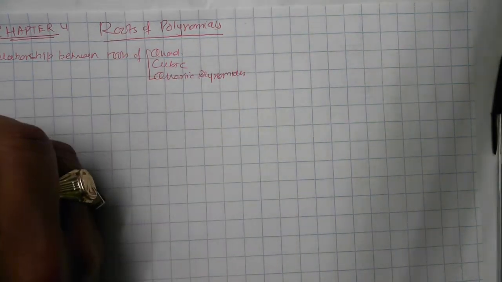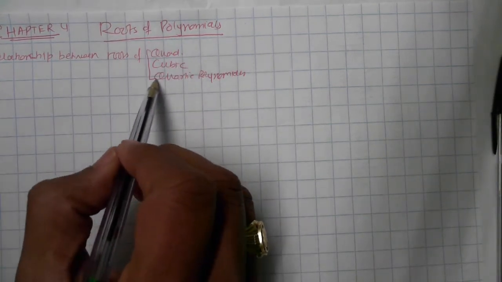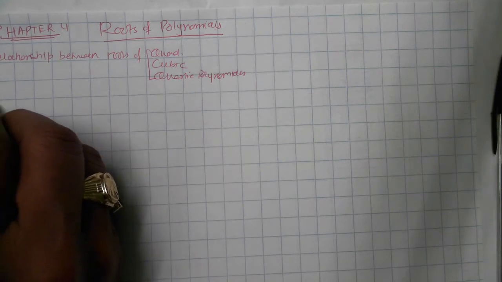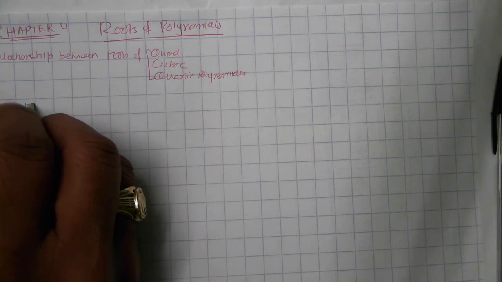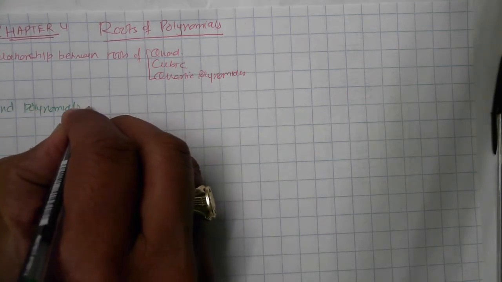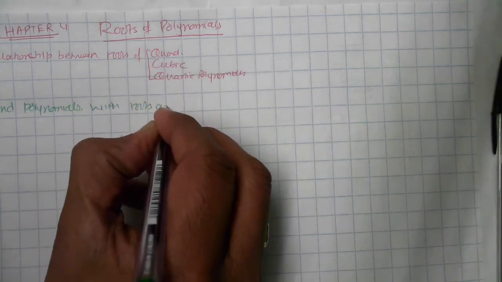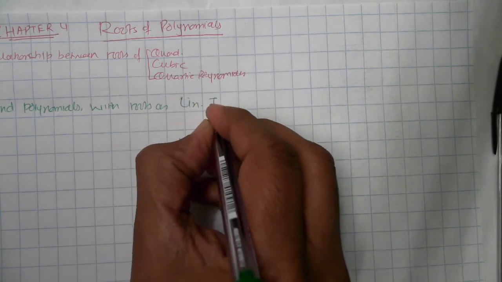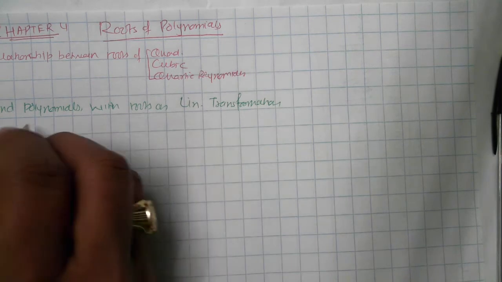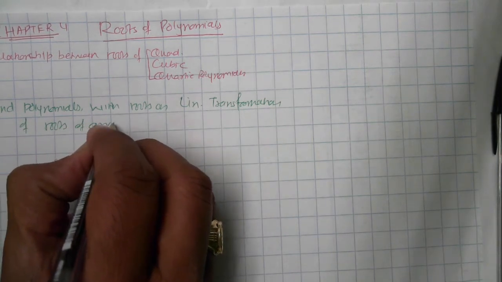And the second type of question, I'm going to ignore the type where we have to use some algebra on these roots. The second type is when you find or write polynomials with the roots as linear transformations of roots of another polynomial.